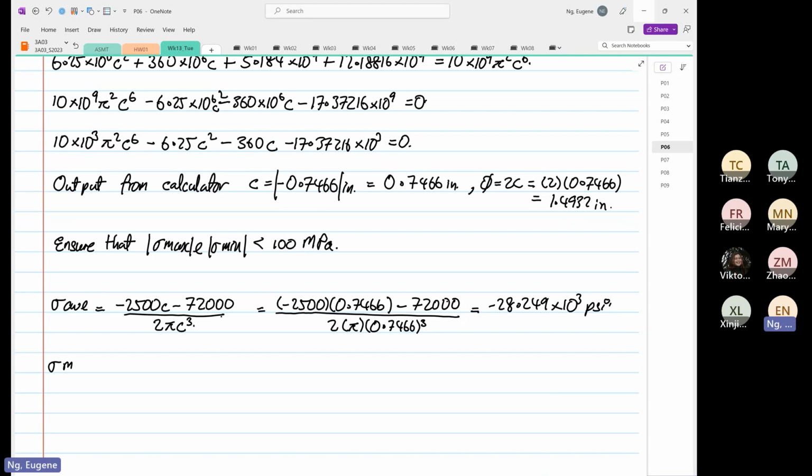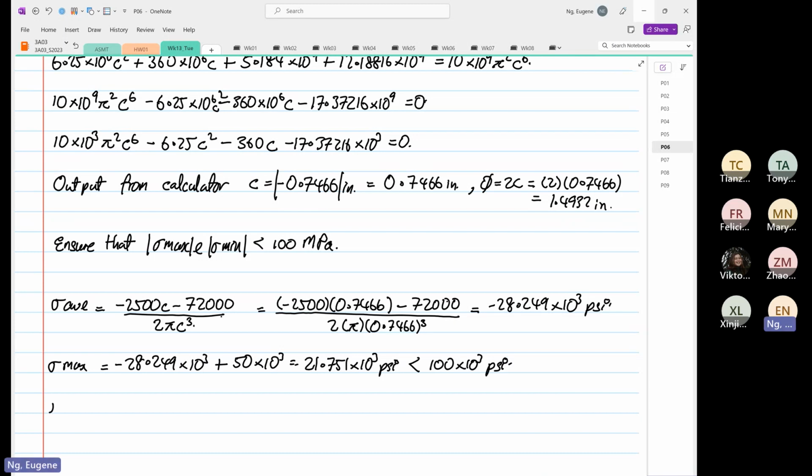So stress max is equal to minus 28.249 times 10 to the power 3 plus 50 times 10 to the power 3, which is the radius term. So this is 21.751 times 10 to the power 3 psi. And this is less than 100 times 10 to the power 3 psi.